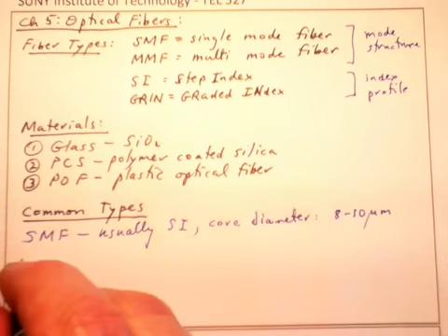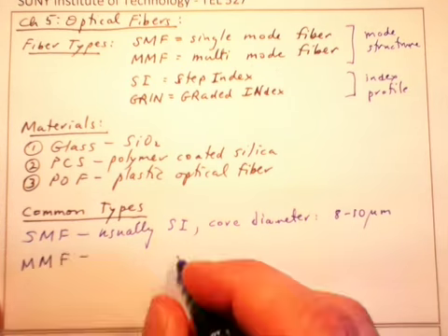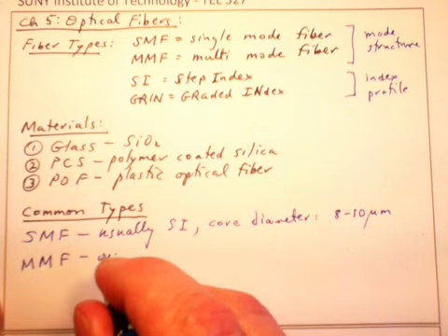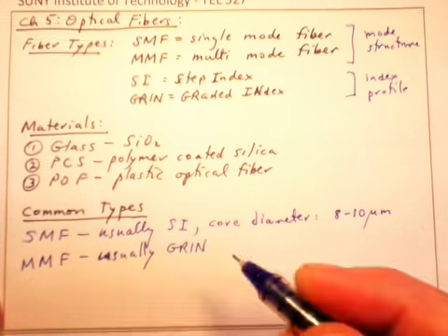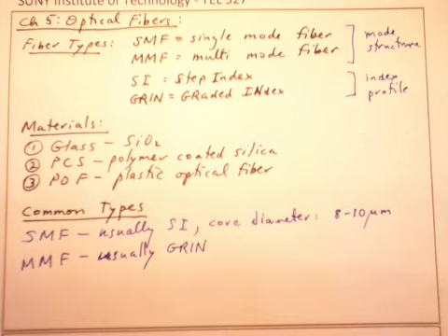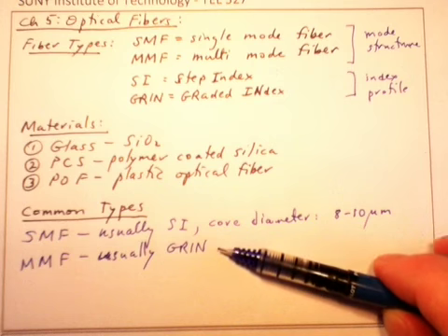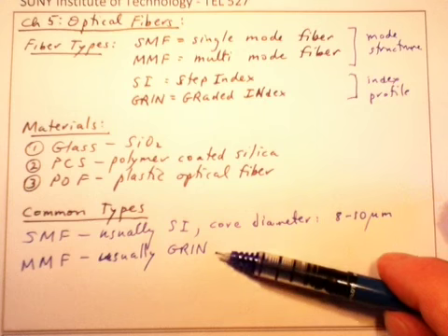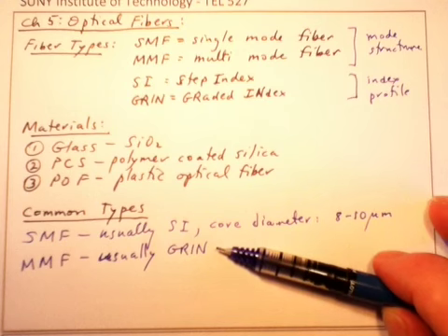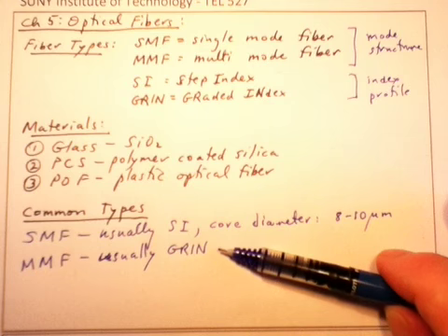In the multimode world, multimode fibers are usually grins. And we'll see actually an equation later on in this chapter that shows the pulse spreading due to multiple modes. We talked about that in a previous chapter, and it was called multimode distortion, but it does give a pulse spreading delta tau per unit length.